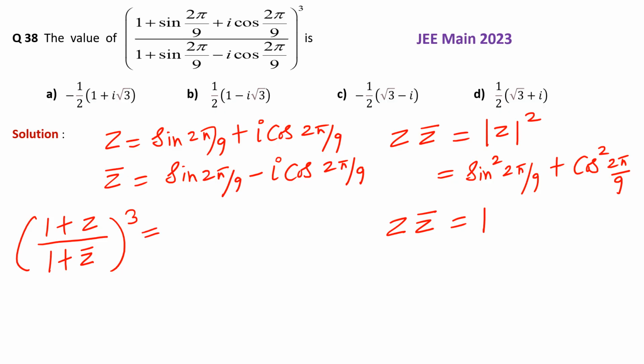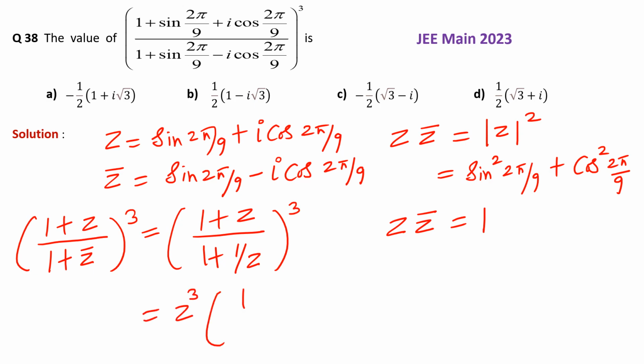Now students, in this expression, I will replace z bar by 1/z. So now the expression becomes z³ into (1 + z) divided upon (z + 1) whole cube. And this is nothing but z³.